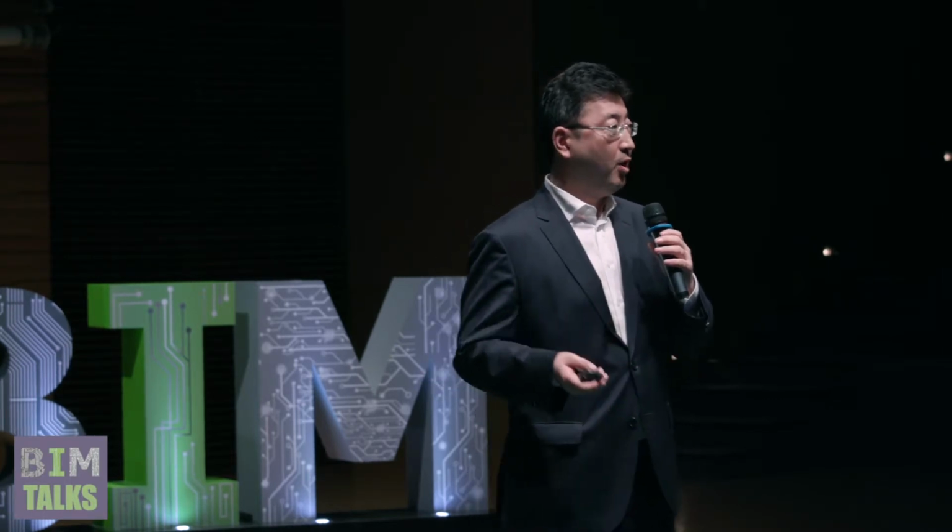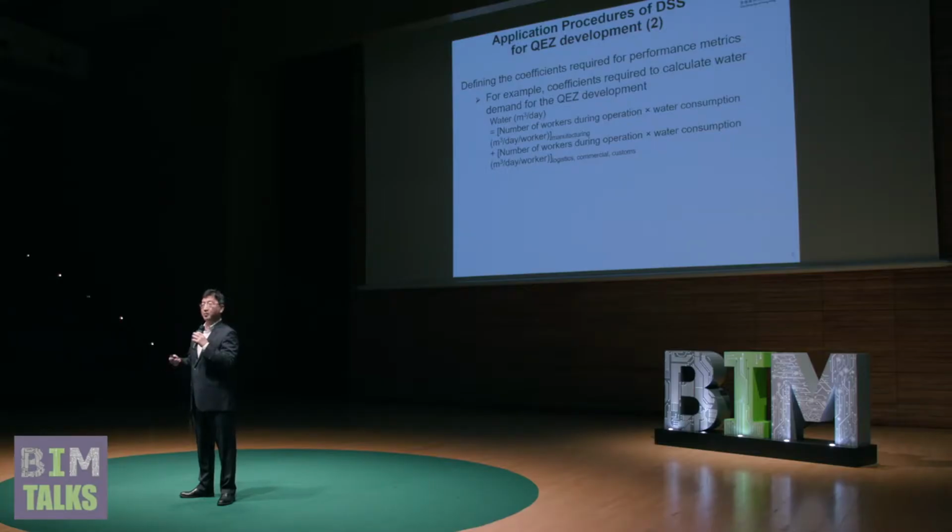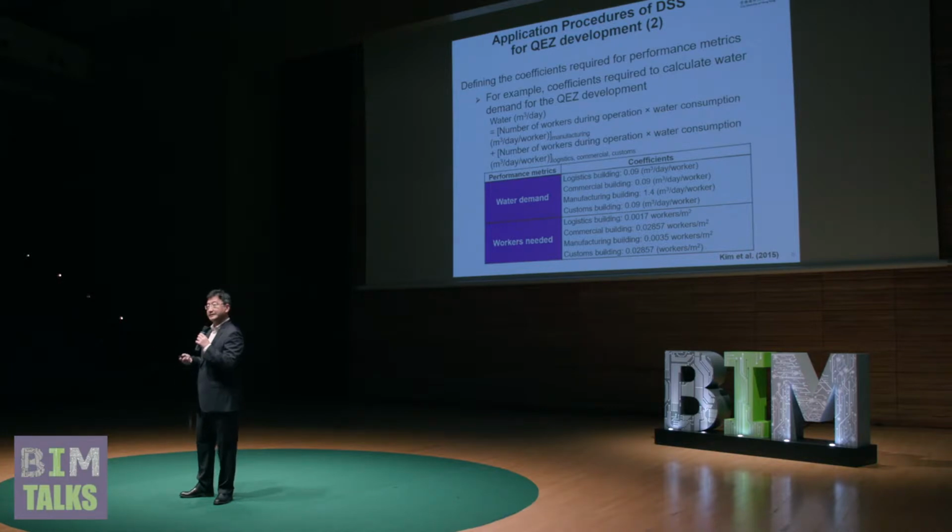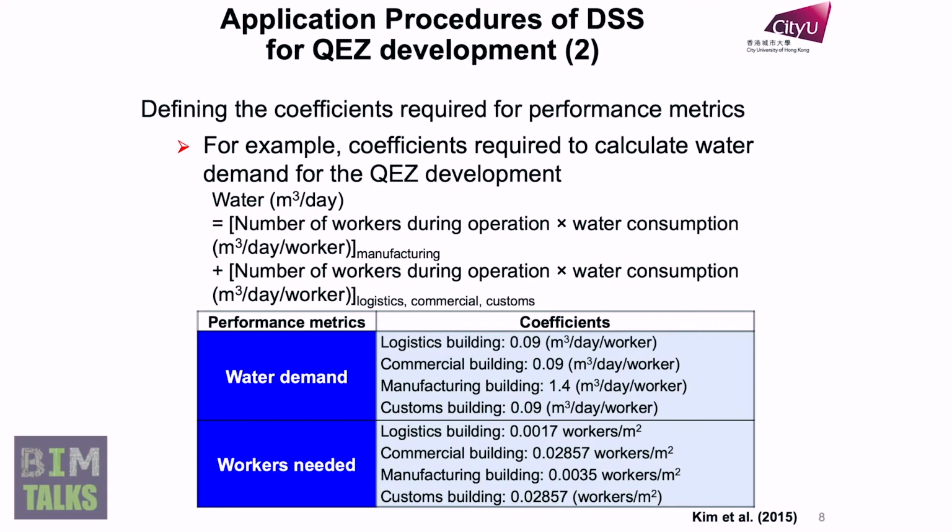The classifications. And then based on those performance metrics, I studied and defined a coefficient for the specific performance metrics for different land uses. For example, for water demand, I needed to figure out coefficients for logistic and commercial, material manufacturing, and commercial customs buildings.